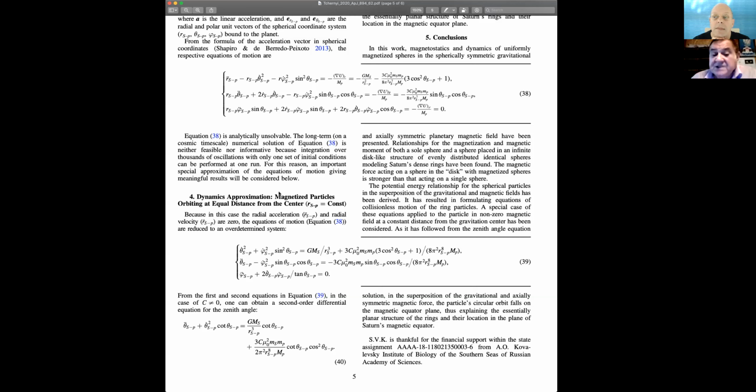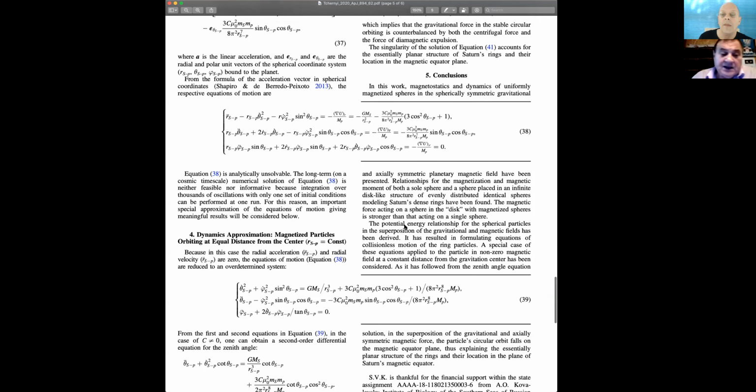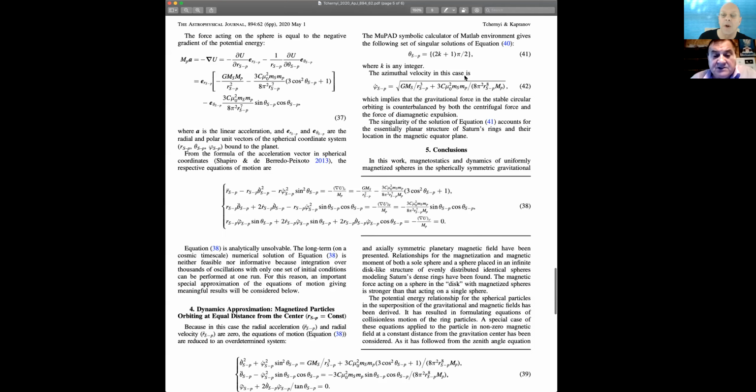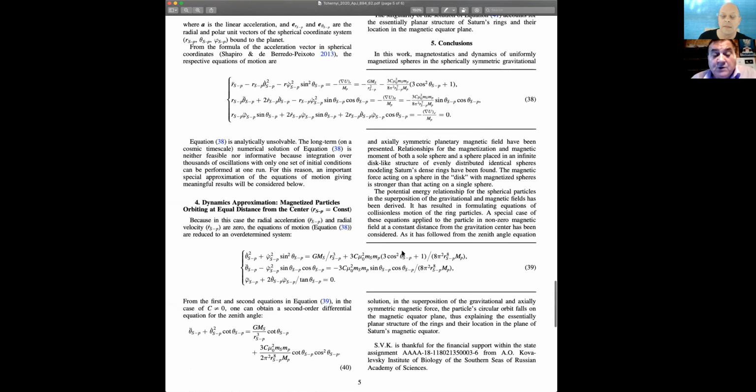We considered a special case to demonstrate how it works: the Lorentz equation applied to a particle in a non-zero magnetic field at a constant distance from the gravitational center. As follows from the solution of the zenith angle equation, you remember, expressions 40 and 41, in the superposition of a spherically symmetric gravitational field and an axially symmetric magnetic field, the orbits of particles finally fall on the magnetic equator plane.